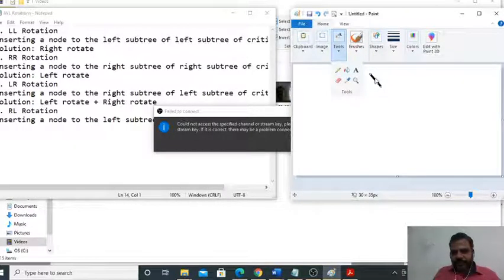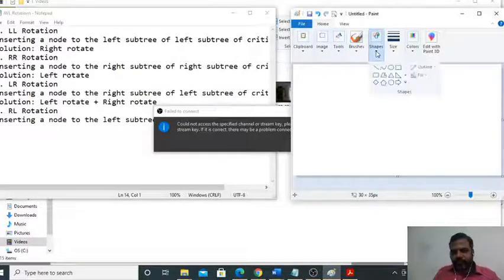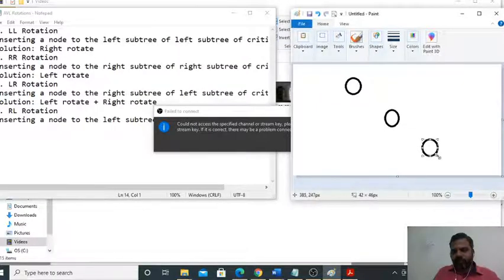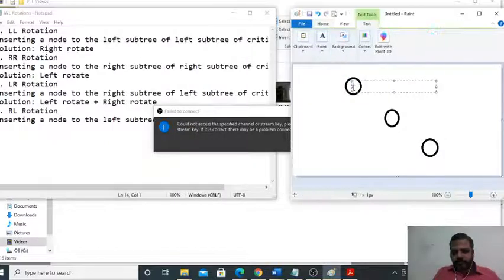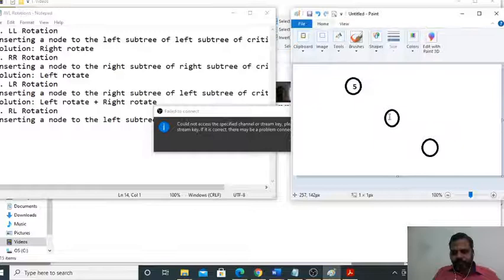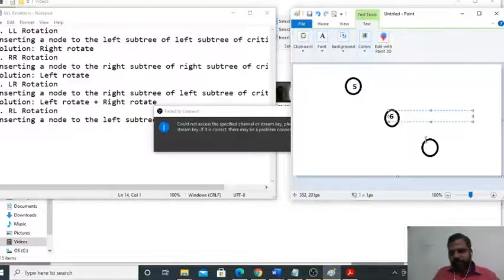We can see an example for this like the previous one. This can be 5, and this node value can be 6, and this can be 7.